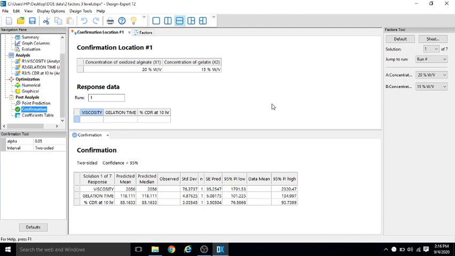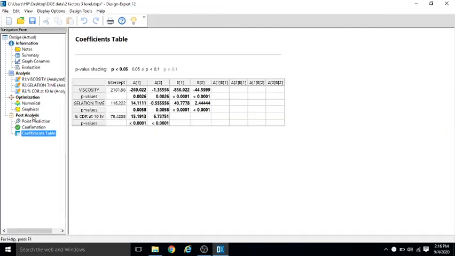Okay, so this is confirmation and coefficient table. So for viscosity, you are getting negative coefficients. P values are also there, for gelation time and percentage CDR.